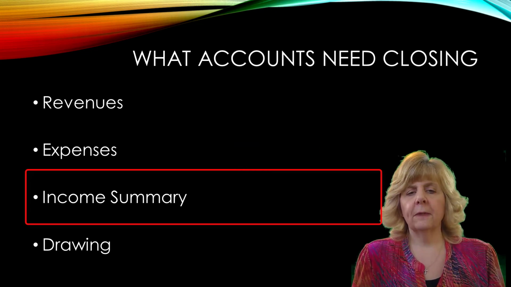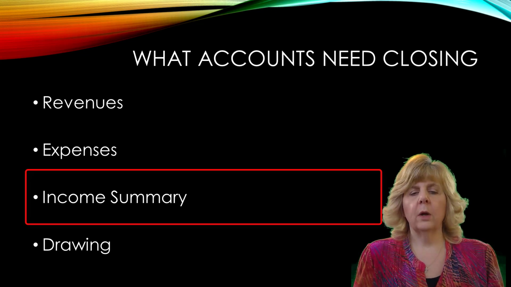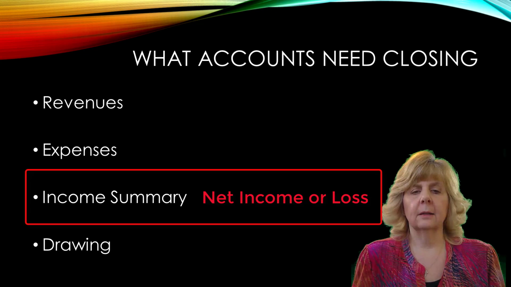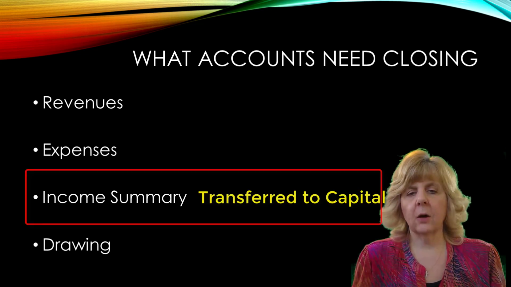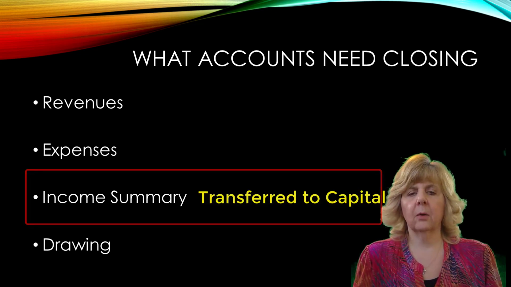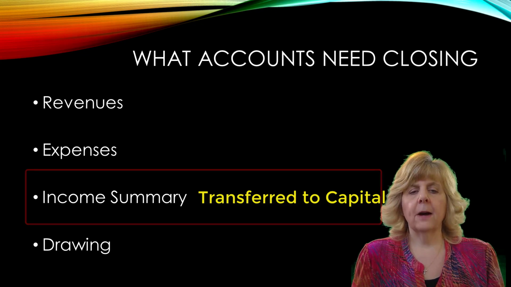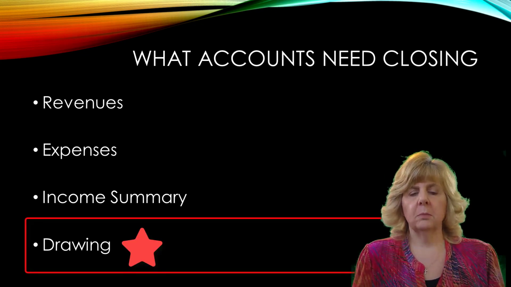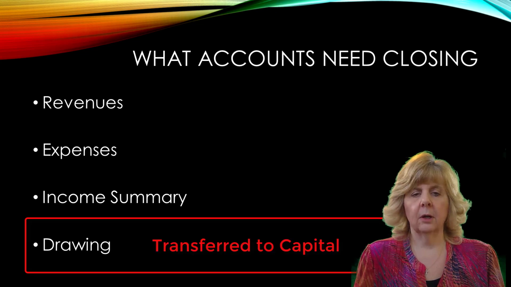If you think about it, what's inside the Income Summary account are the revenues and the expenses. So when we foot the Income Summary, we will find out the amount of net income or net loss. We will close that out to the owner's capital account. And finally, the drawing account will also need to be closed out. We'll close the drawing account also out to the capital account.